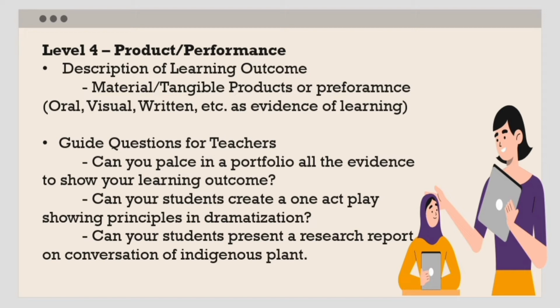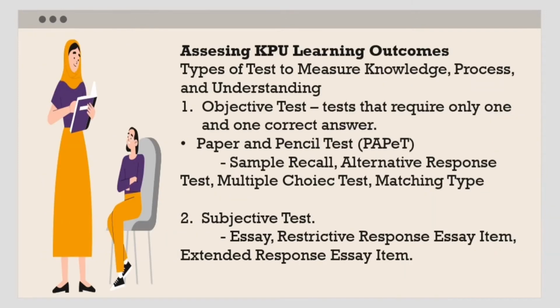So now that we have a clear understanding of the different levels of learning, let's talk about the different assessment tools for each level of learning outcome. So here are some types of tests to measure knowledge, process, and understanding. So first we have the objective test.